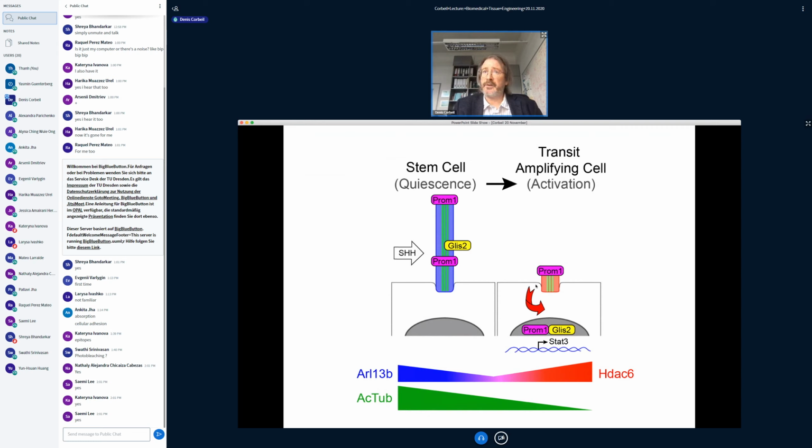I will not go too deep into it, but a very important transcription factor associated with sonic hedgehog will move, and will move together with prominin 1 into the nucleus of the stem cell. So you can see here that you have a transition of two proteins, and prominin 1 can play a role in this transition, which is quite exciting in the field of the stem cell and the organization of the stem cell.